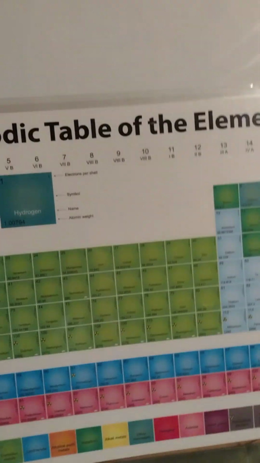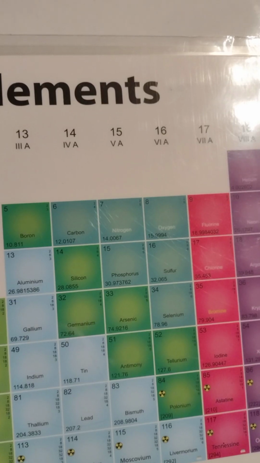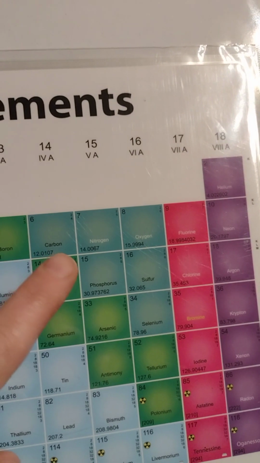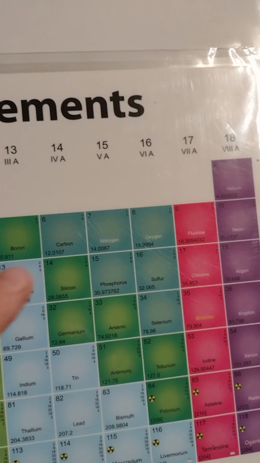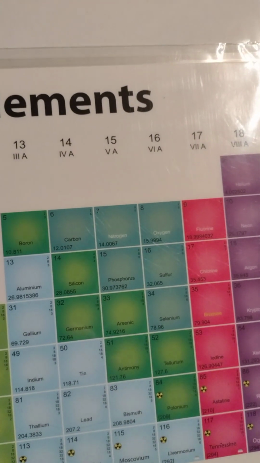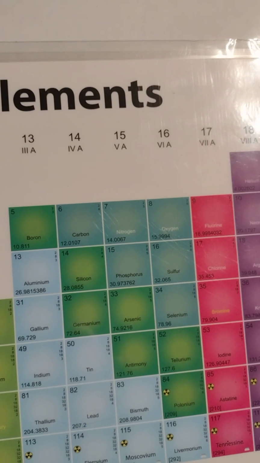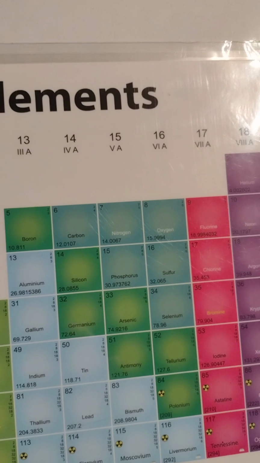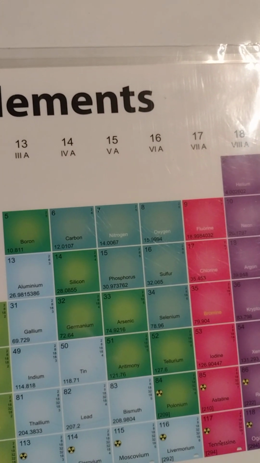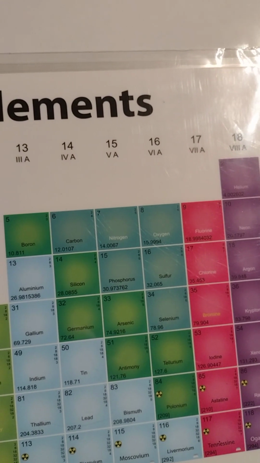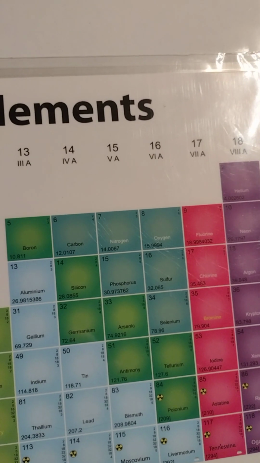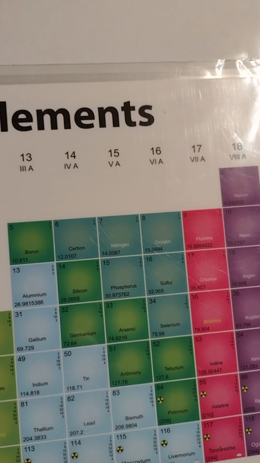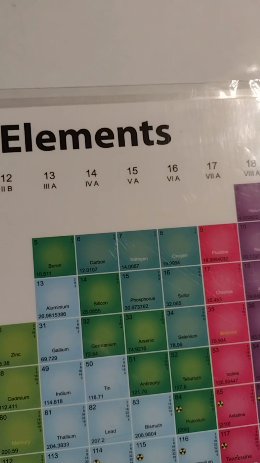You go to your periodic table of elements, and right in between carbon and oxygen, you have nitrogen. If it has an atomic number of 7, how many protons does it have? It's going to have 7 protons. Then how many electrons is it going to have? It's going to have 7 electrons. So let's put that up here.